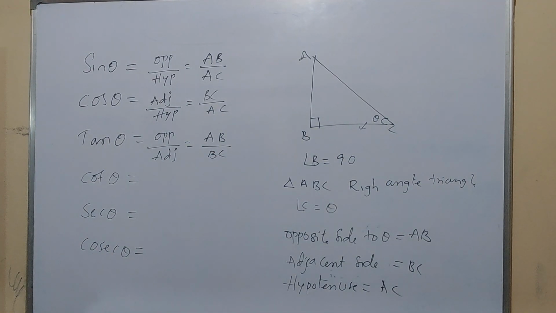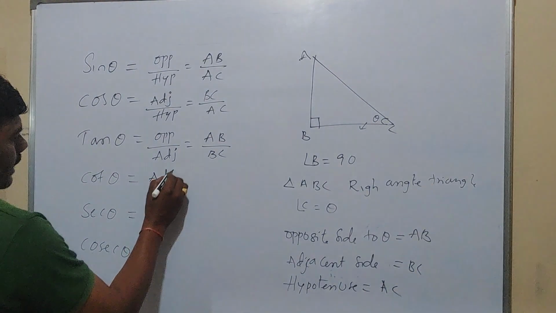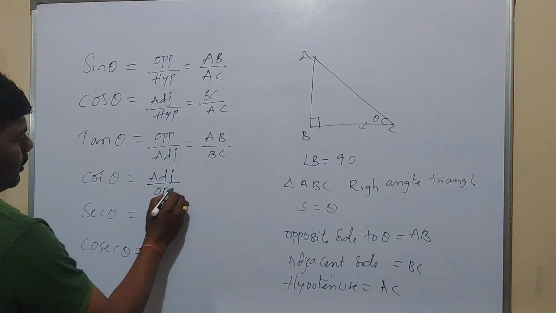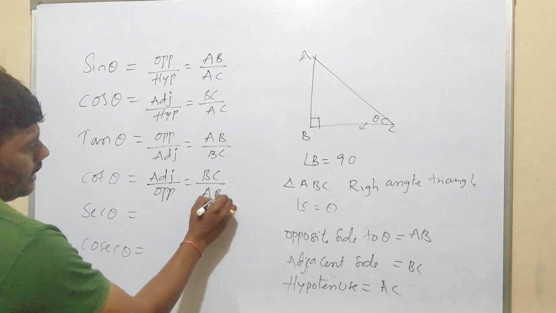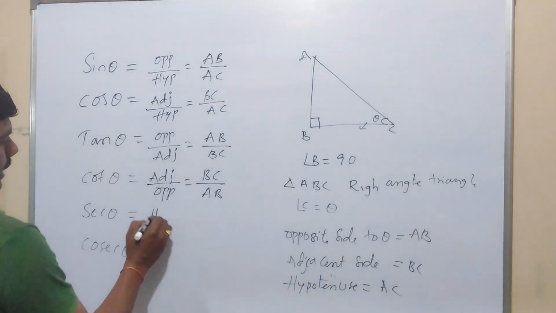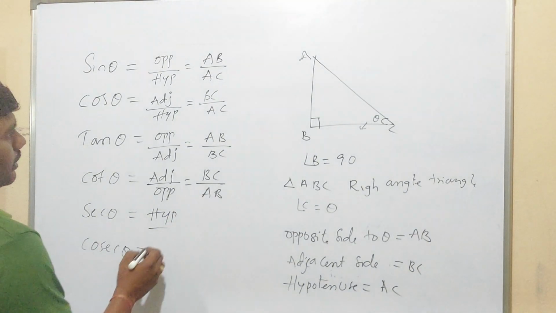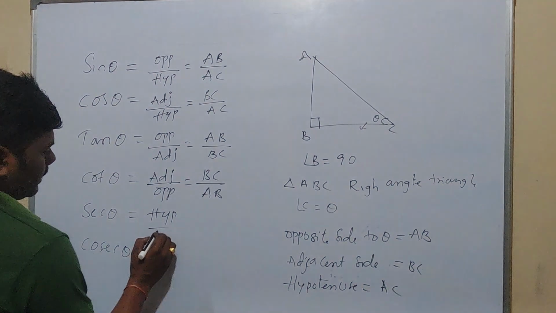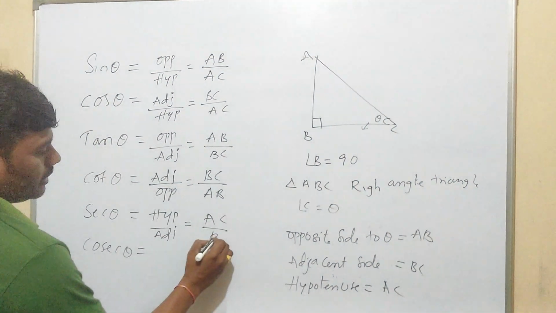Now cot theta equals adjacent by opposite, which is BC by AB. Secant theta equals hypotenuse by adjacent, which is AC by BC.